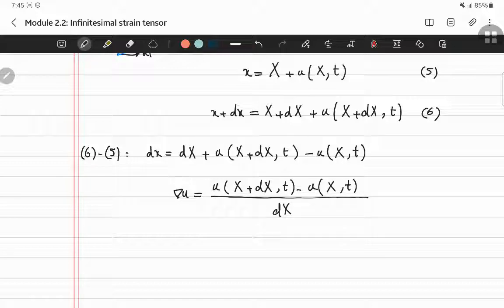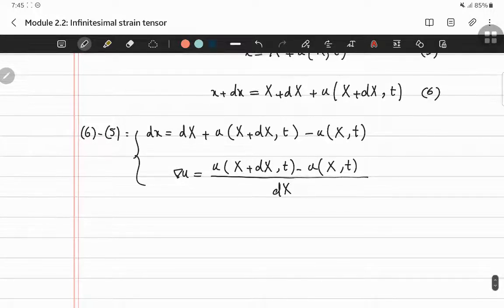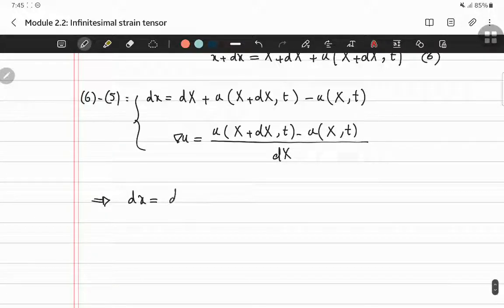From this, we can say that dx is equal to dX plus, and instead of this, we can write del u dX.